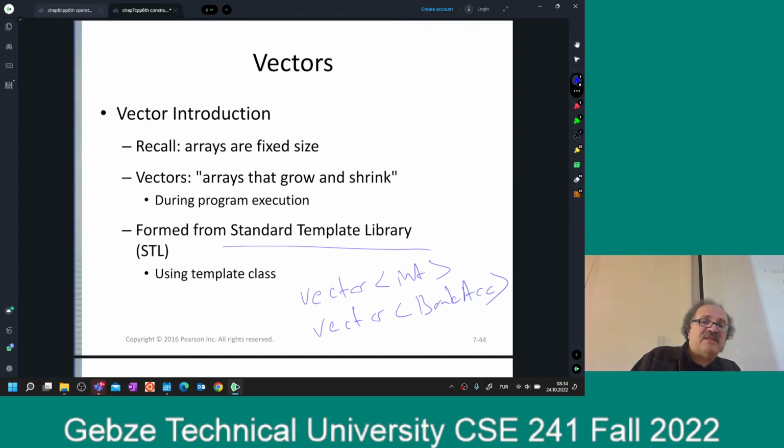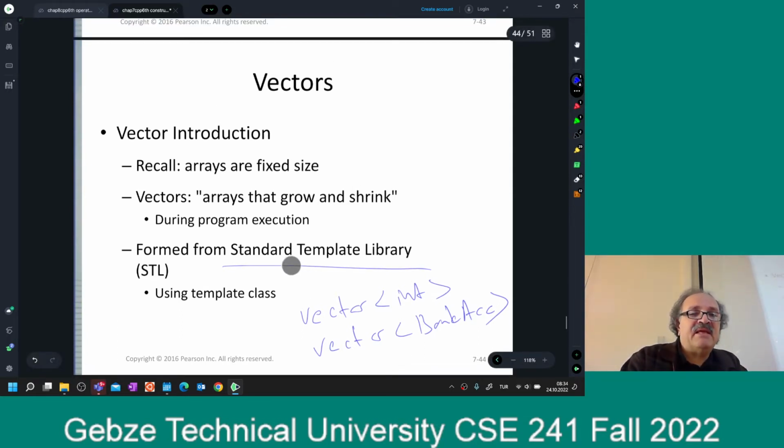That's why we call it template. And the Standard Template Library is like the standard library of the C language. There are many classes and many functions in it that you can use. And there is a separate chapter in our book that discusses the standard template library.